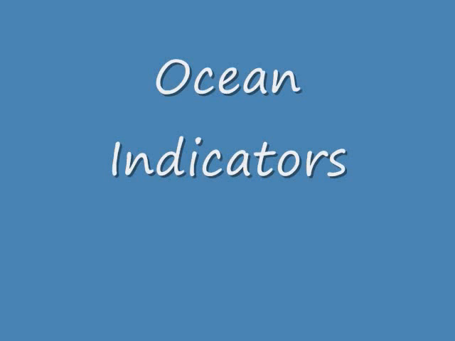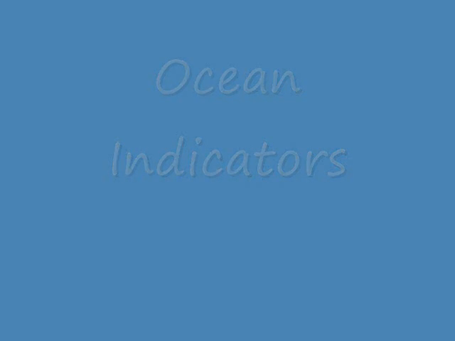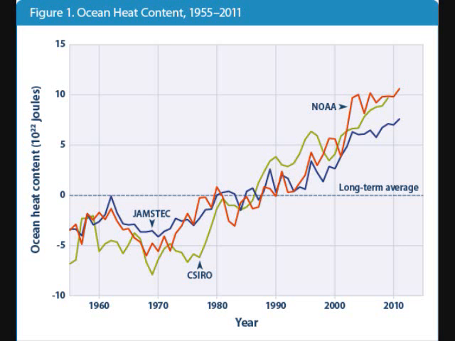Okay, this next section is going to be on ocean indicators. This first slide here is what they call ocean heat content. This goes back to 1955 to 2011, and you've got three different organizations measuring it, which corresponds to the three different colored lines.